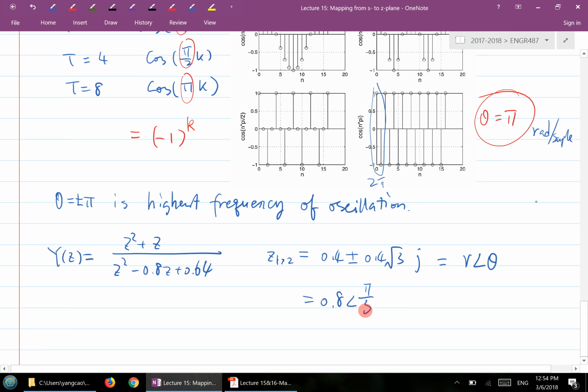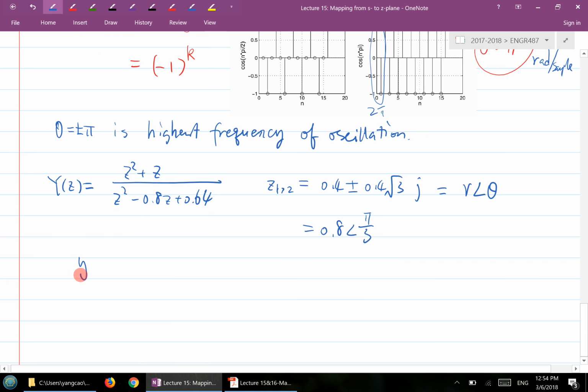Okay. So if you do an inverse Z transform, this will give you 0.8 to the power of k times a certain constant here. You can take a look at the lecture notes. That's what the A is, and then cosine of pi over 3 times k, plus a phase angle phi. This is the discrete signal. The capital A and capital phi here you can find in the lecture notes, in lecture 2 or 3.